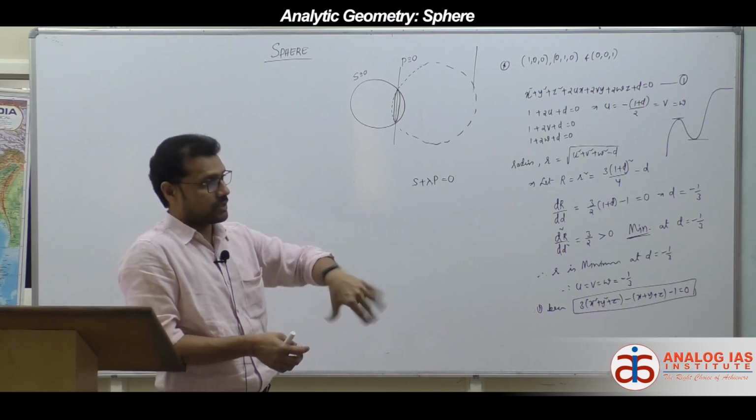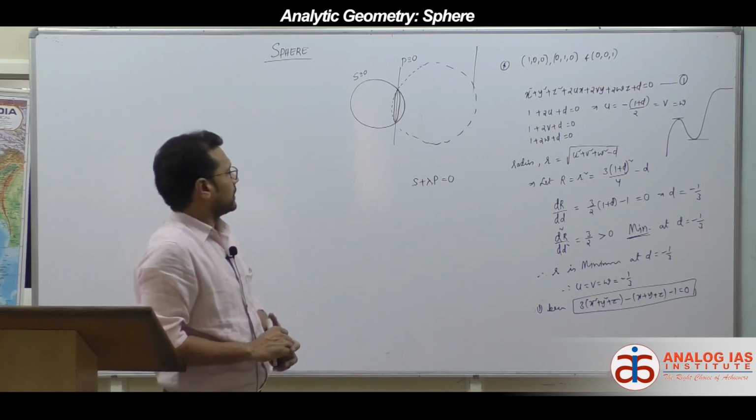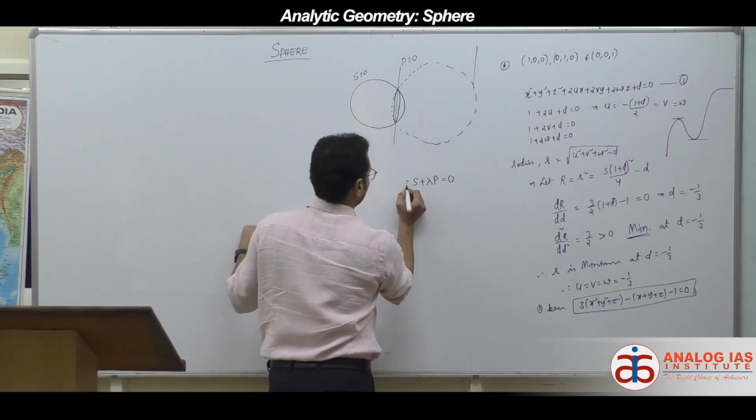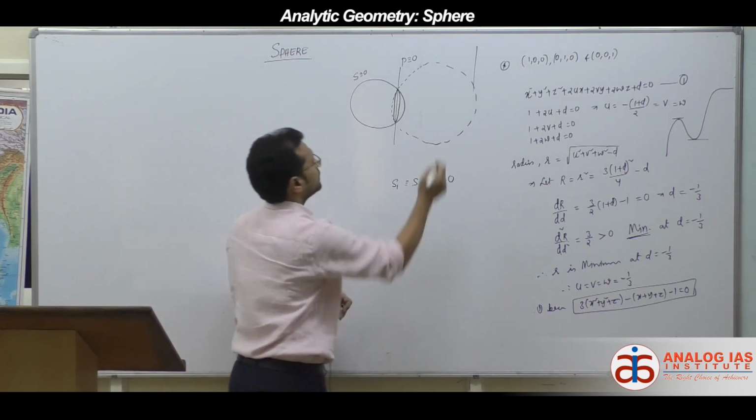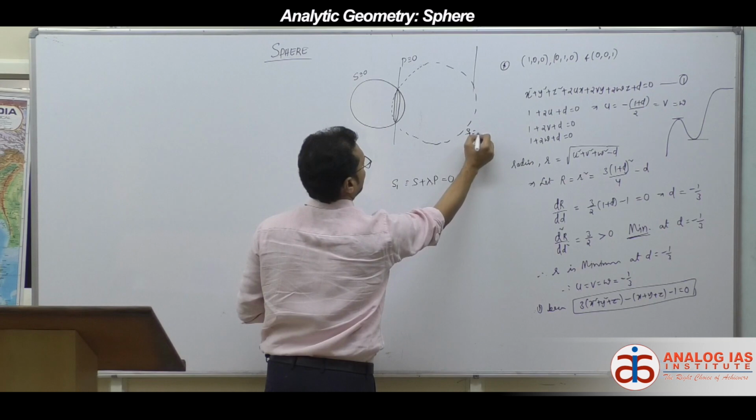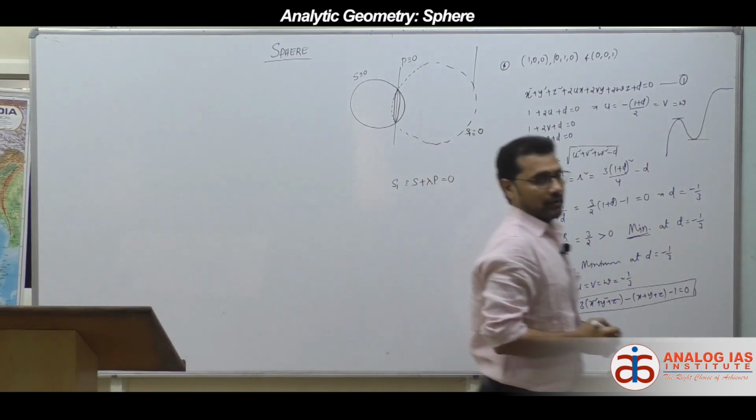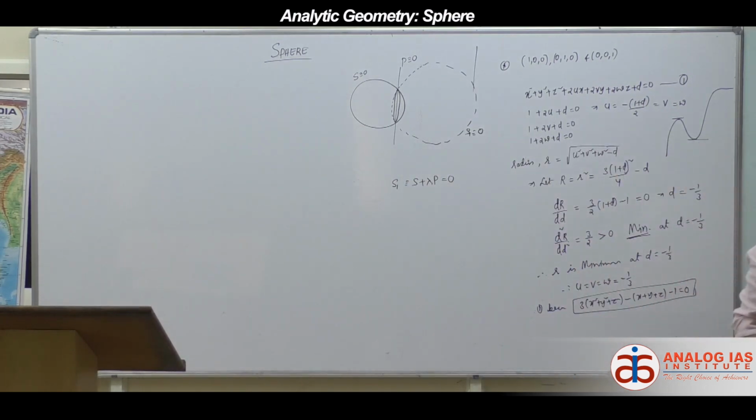Let us see this from a different angle. Let this be S1, a new sphere. Now, S equal to 0 is one sphere, S1 equal to 0 is another sphere. These two spheres intersect. When these two spheres intersect, also we will get a circle of intersection, right?